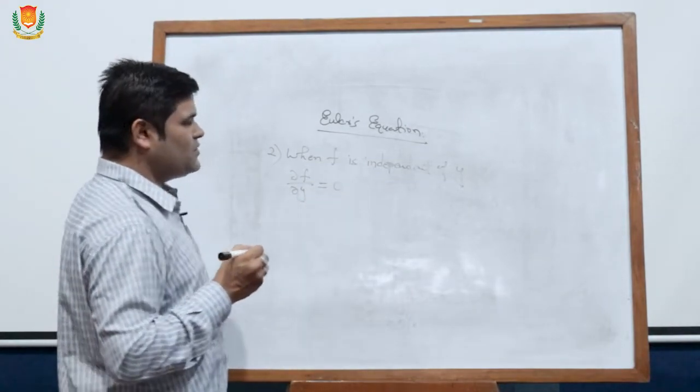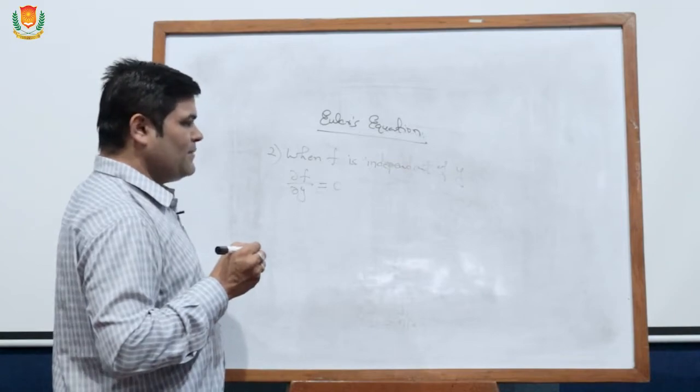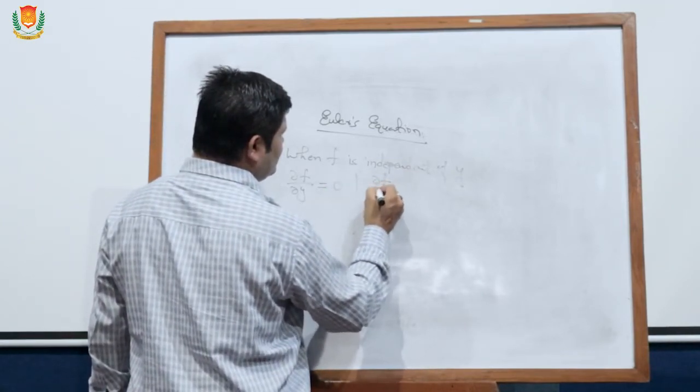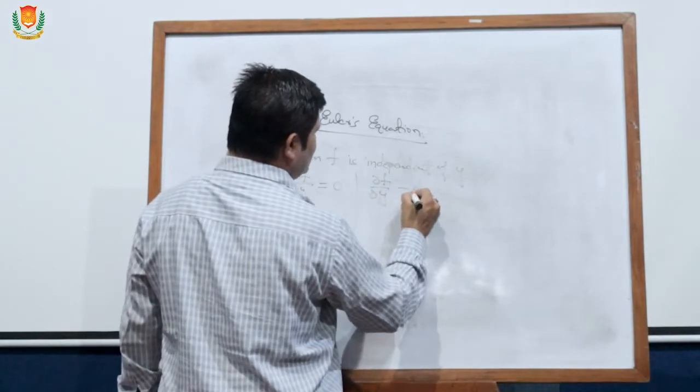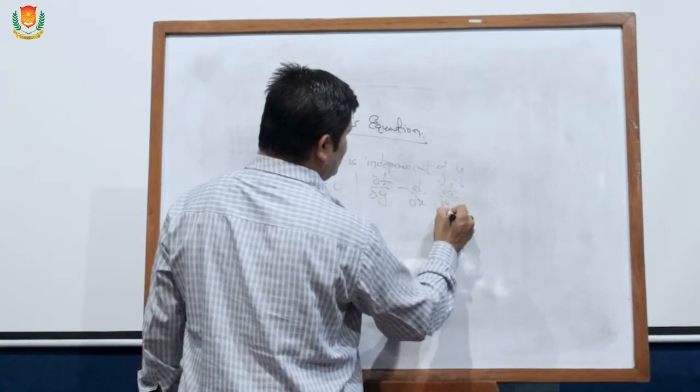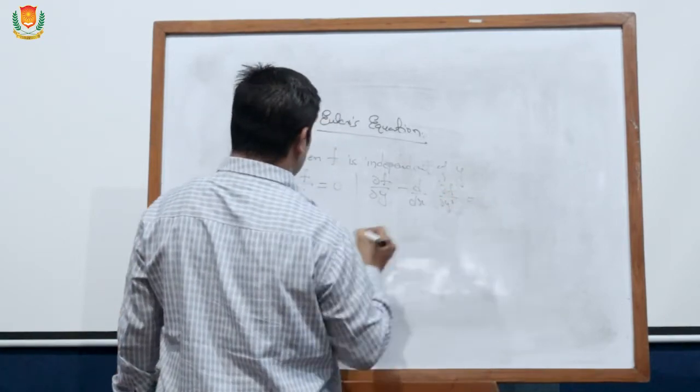So what we have in Euler's equation: del f upon del y minus d by dx del f upon del y dash equals to 0.